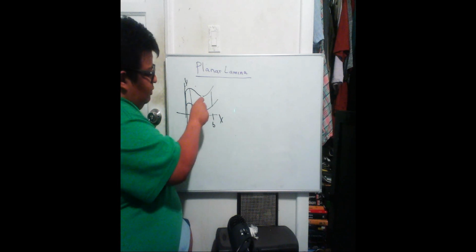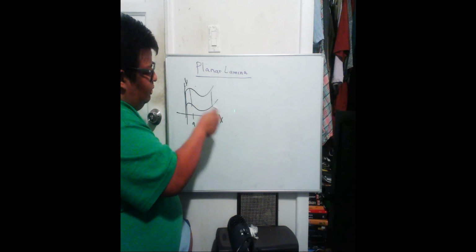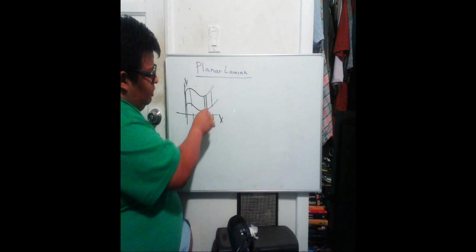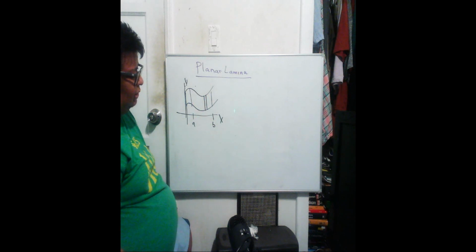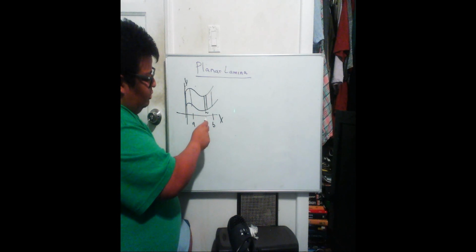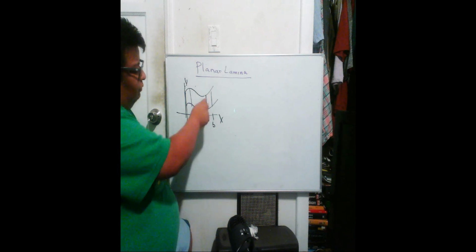I told you that to find these formulas for center of mass and moment, I had to partition the lamina into rectangles, where the width is delta x, and of course you need to find the height.